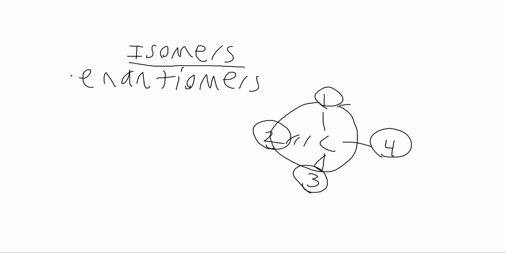We'd either look at it as it is. This looks like it's S again, so it's R. Or we could rotate around this bond. So I'll do that quickly again. Because we're rotating around the top bond, 1 is going to stay where it is. 4 goes to the back, 2 goes here, and 3 goes here.